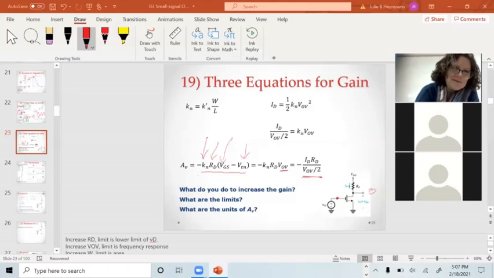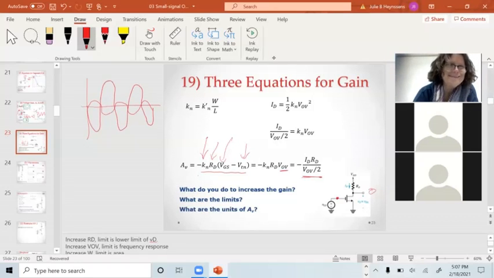Okay, so let me draw a picture. That's probably the best way to do this. Here is my input signal. Here is my output signal. It's large, negative. Now what happens here is, it's beautiful, isn't it? I can't get voltages below, we'll say this isn't 0 volts, but we'll call this 0 volts.